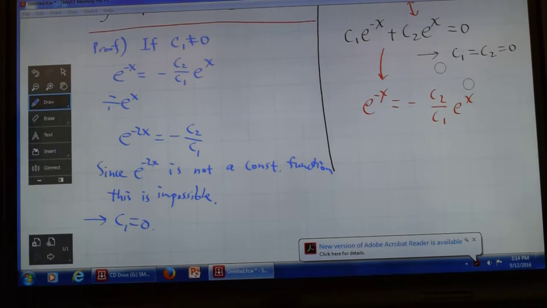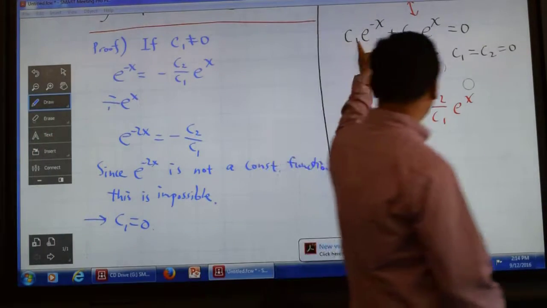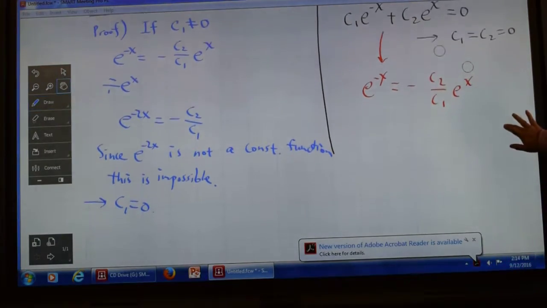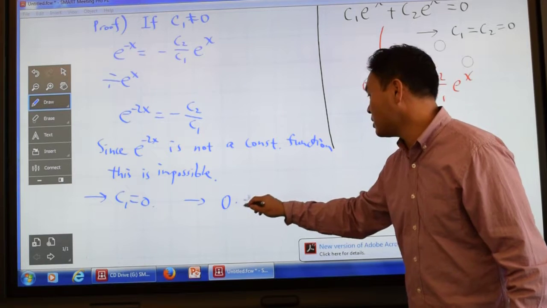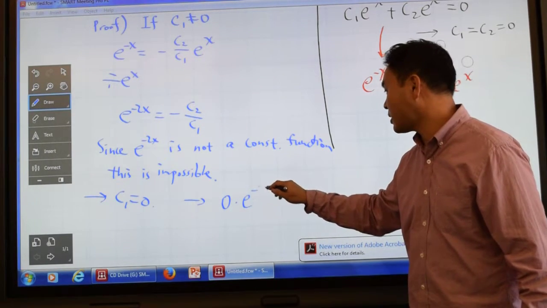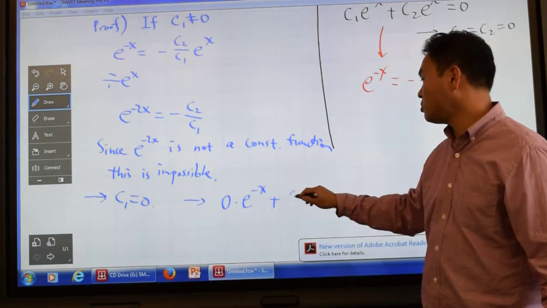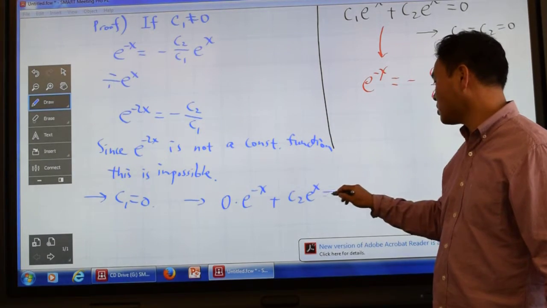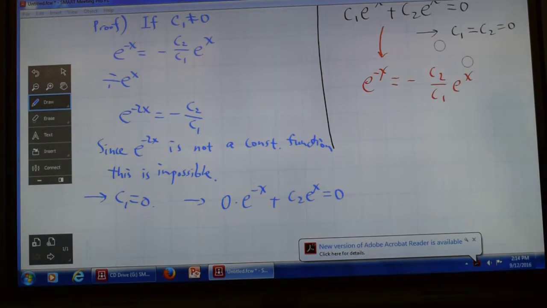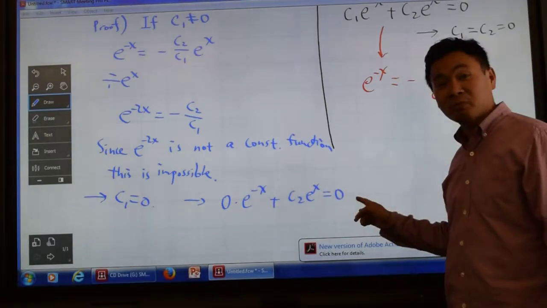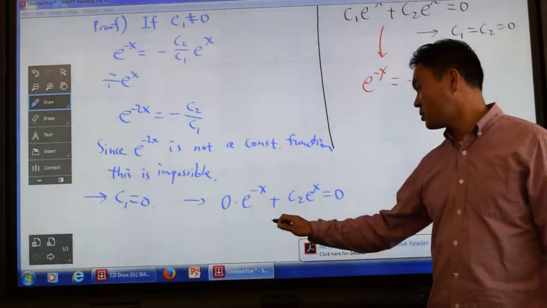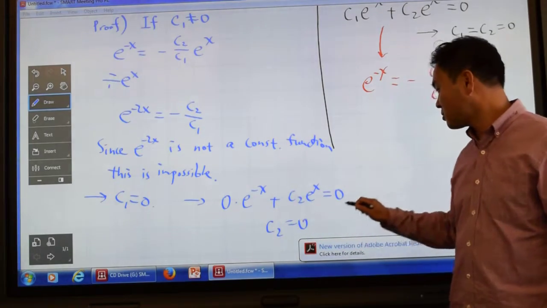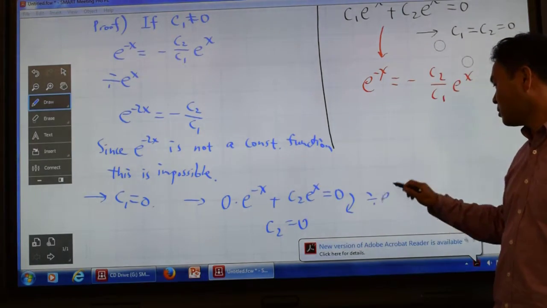Now if C1 is 0, then plug it back into here. So you get 0 times e to the negative x plus C2 times e to the x equal to 0. And then now you can divide both sides by e to the x, right? Then what do you get? You get C2 equal to 0, just by dividing by e to the x.